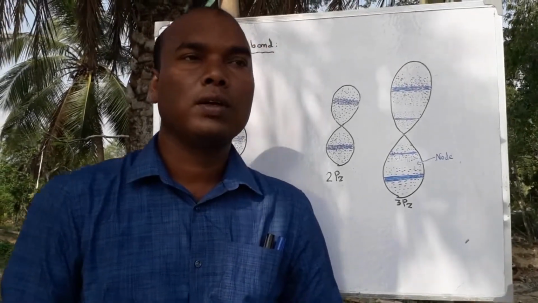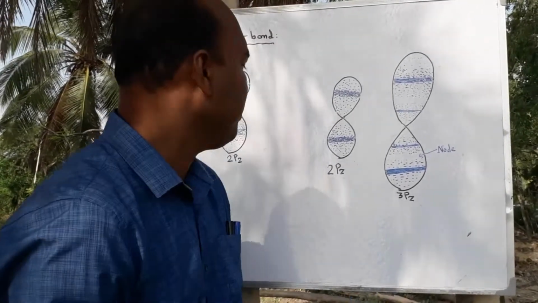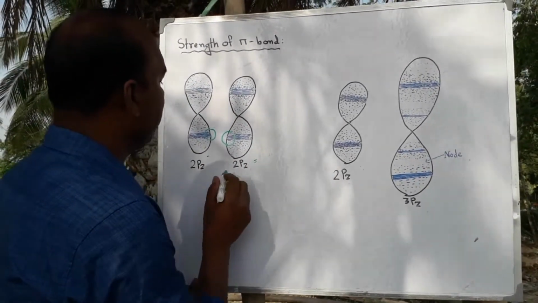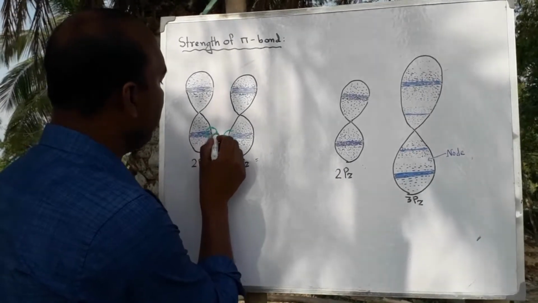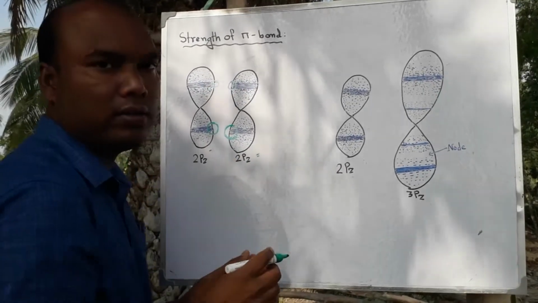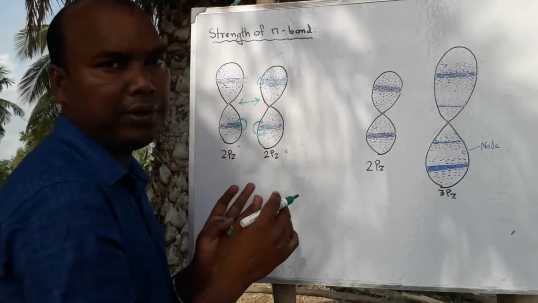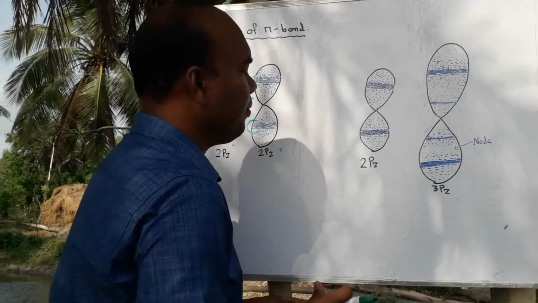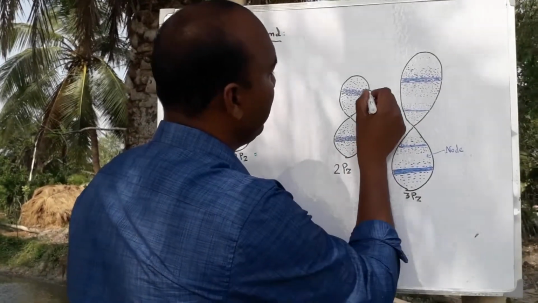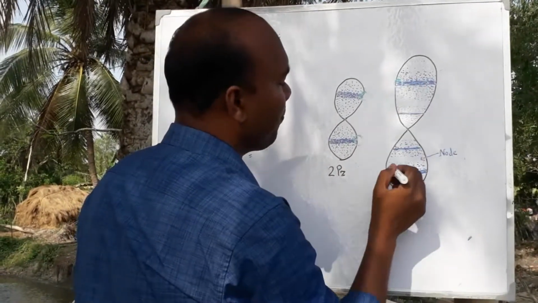Now consider pi bond between 2pz and 2pz, and 2pz and 3pz. You see here, this is a 2pz orbital and this is a 2pz orbital, and their maximum electron cloud density is in that area. They are the same in size, so there will be better electron overlapping. But if you consider here, the maximum electron cloud density is here and here, but for 3pz the maximum electron cloud density is here and here.